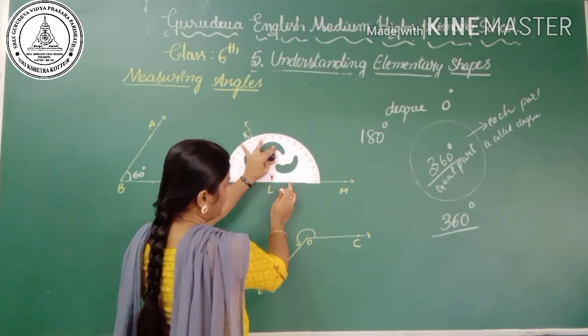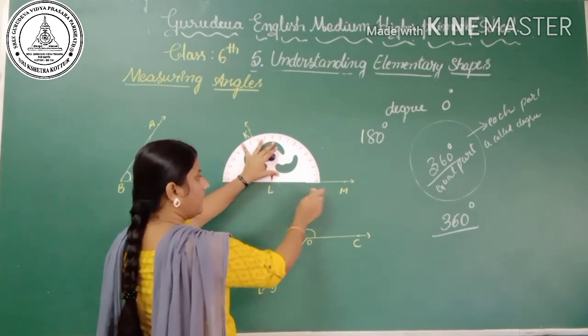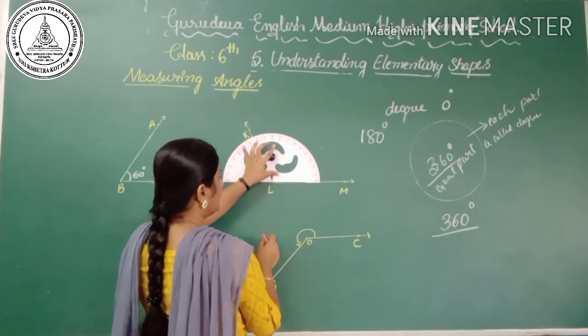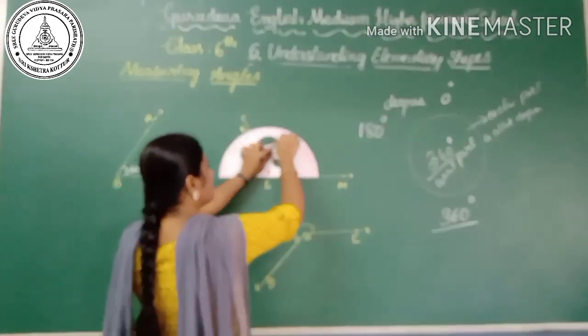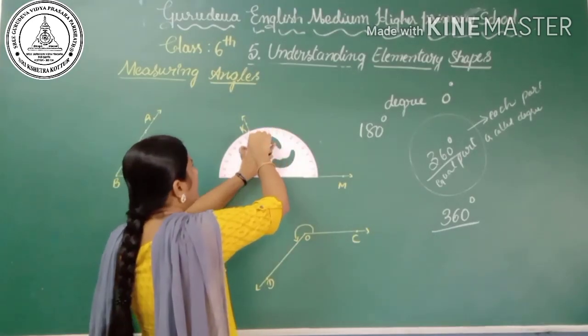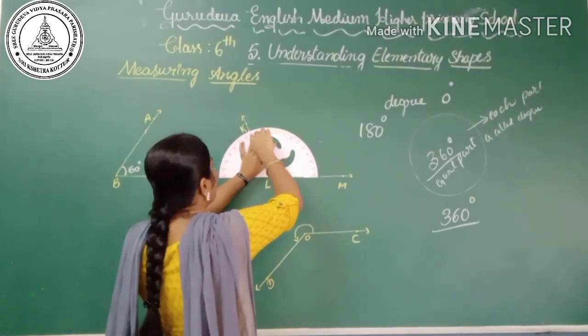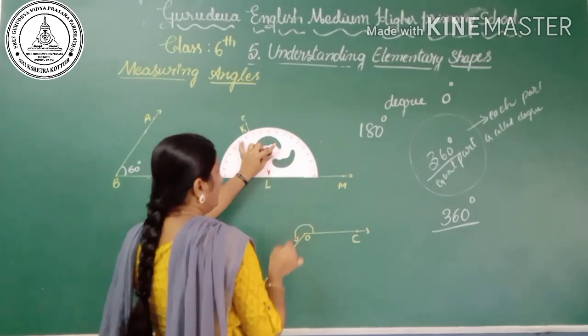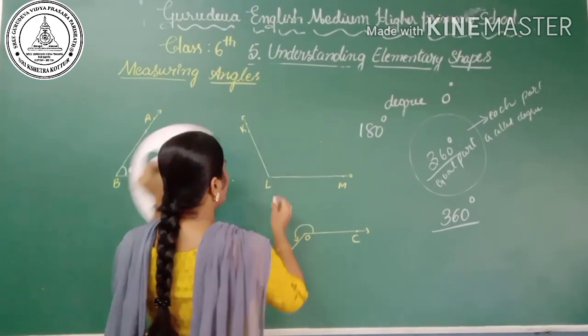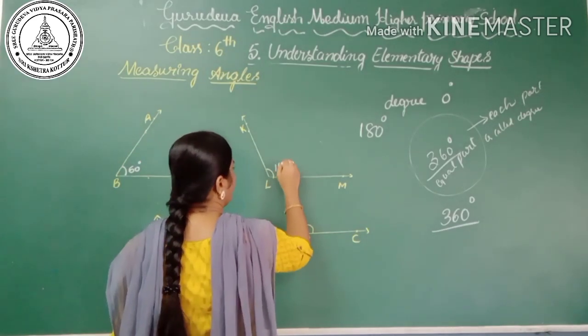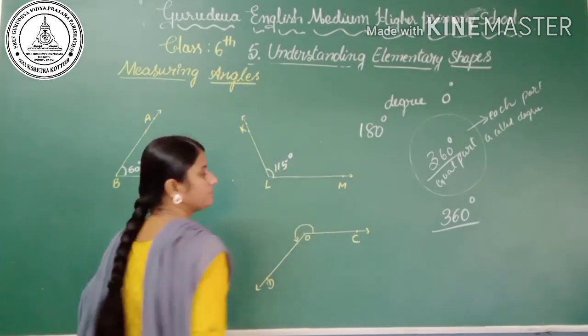Then keep the straight edge along the 0 degree. Then count 0, 10, 20, 30, 40, 50, 60, 70, 80, 90, 100. After 100 there are 5 parts, so we read it as 115 degrees.